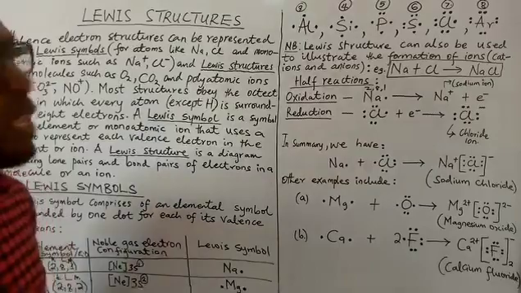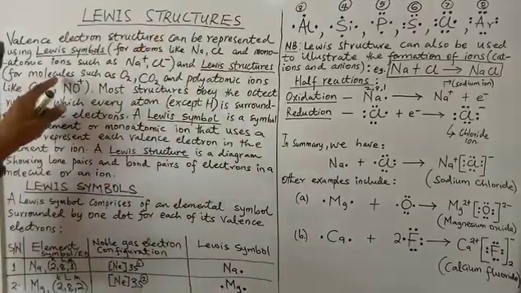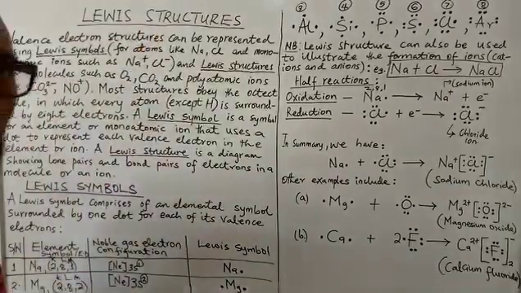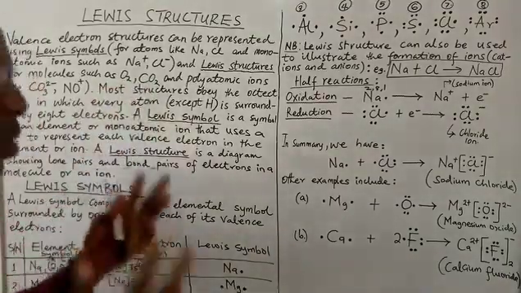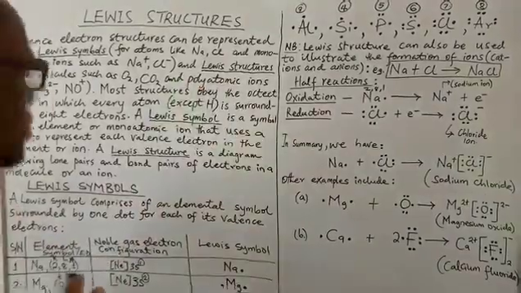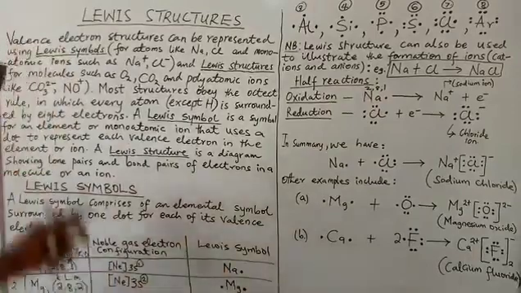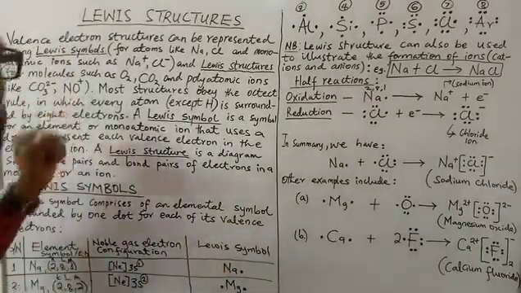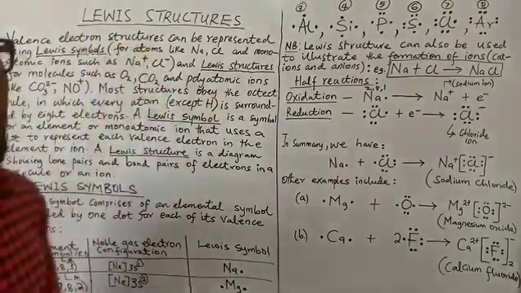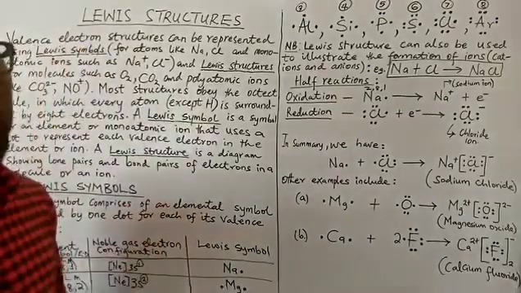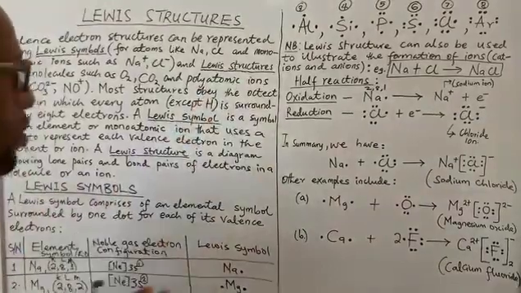But to depict the valence electron structure of species like molecules, such as oxygen gas, carbon dioxide, water, and even polyatomic ions, that is those ions that comprise more than one element, for instance carbonate ion or nitrosonium ion, if we want to depict how electrons are distributed in their valence shell in form of dots, we use what we call the Lewis structure.